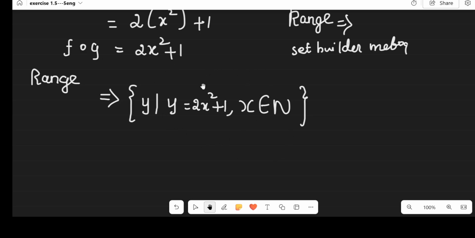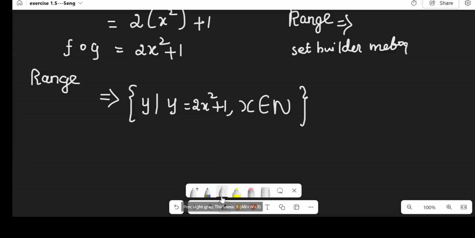We should include all these notations for set builder method. This is the range. We have gotten this output. I'm taking y, random letter y, as output. y equals 2x square plus 1. y such that, I'm including this symbol, and x belongs to N.